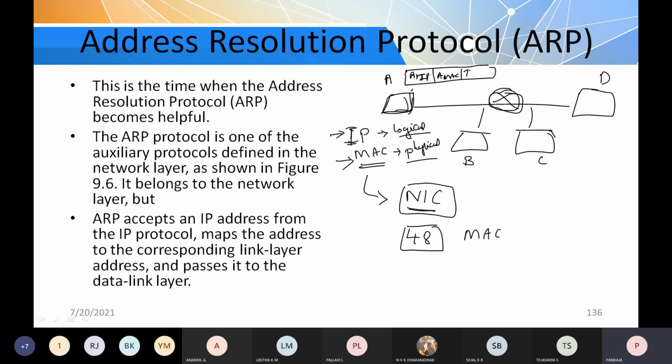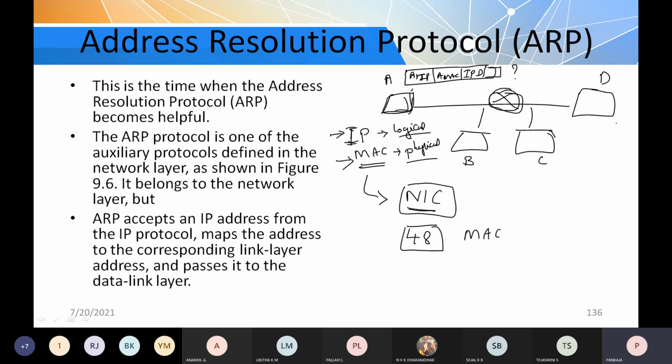That is the IP address of device D. But in case it does not know the MAC address of this device, and even the router does not have that information, how do we identify the MAC address of this device?